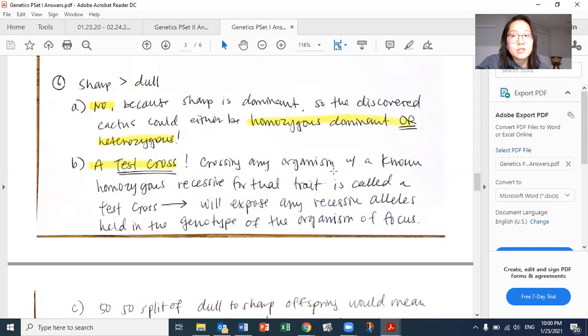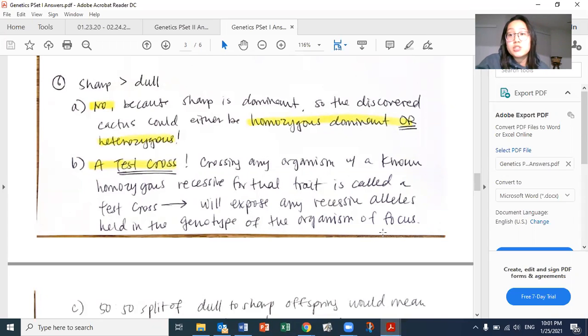Because if there are, then you figure out that the parent that you didn't really know the genotype of was heterozygous. And if all of the offspring look dominant, then you would automatically know that parent is homozygous dominant, right? Because none of their kids are homozygous recessive. So that will expose any recessive alleles held in the genotype of the organism of focus.